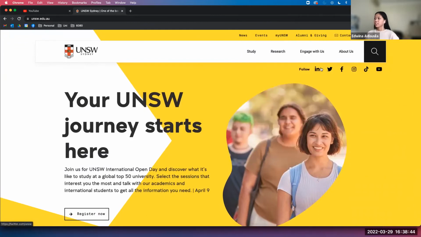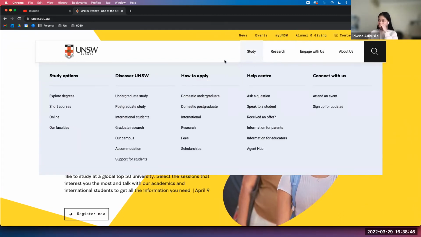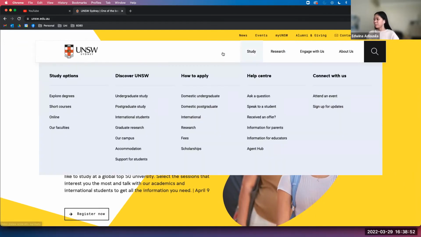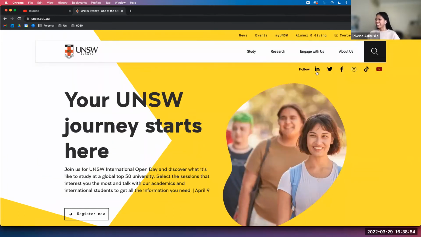It's quite interesting actually. So it's got a bit of a different layout. It's got this header plus this header plus these icons here, which is interesting.